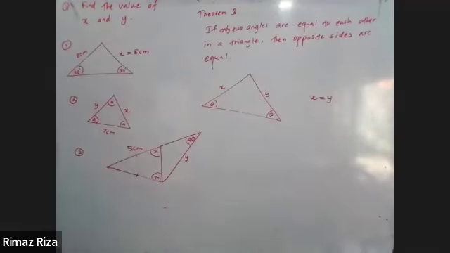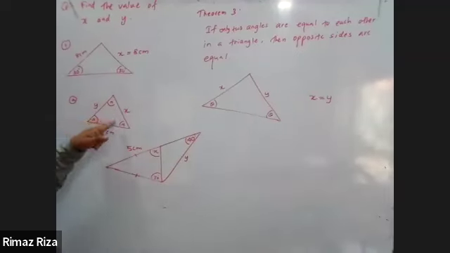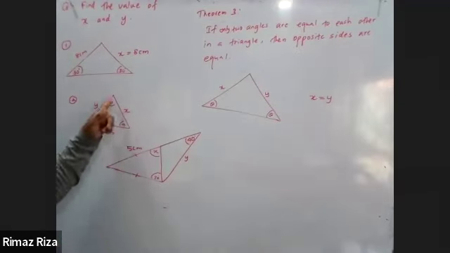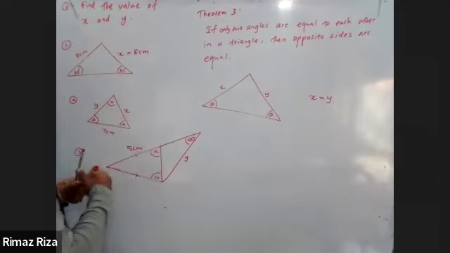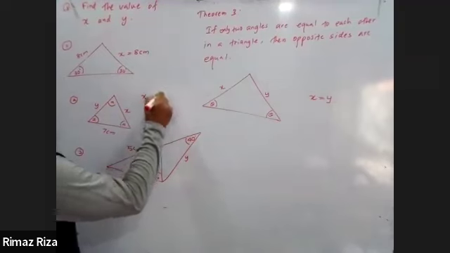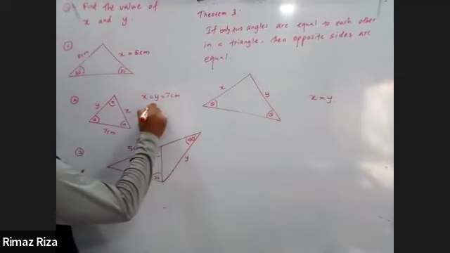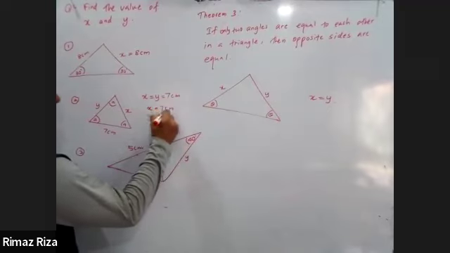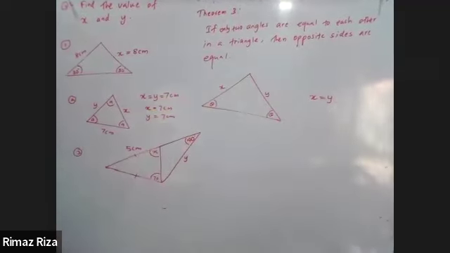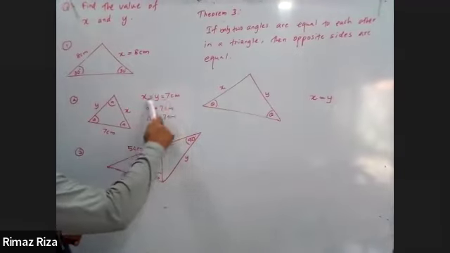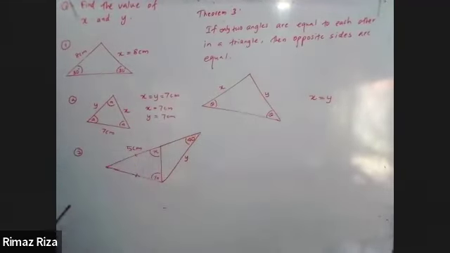All sides are equal. Then what do you call this triangle? Equilateral triangle. Since all three angles are equal, this is an equilateral triangle, so all sides are equal. Therefore, x equals y equals 7 centimeter. Or you can say x equals 7 centimeter, y equals 7 centimeter. You can write either way.